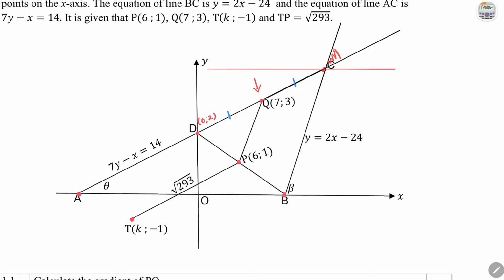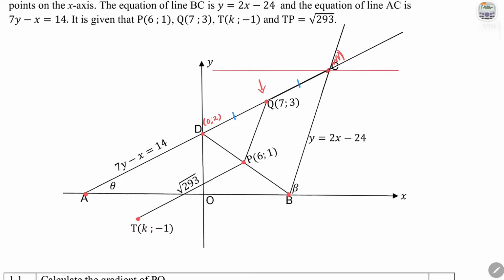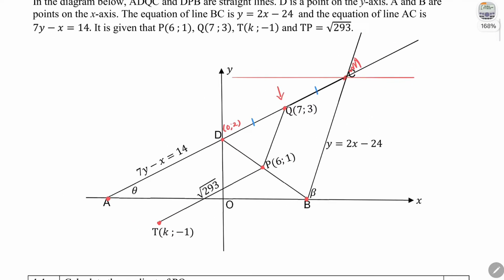Let's explore other ways that we could have also found this. We could also find the area of the shape using other bigger shapes that we have. So look at what we have here. We just need to find DOBC, right? This shape.